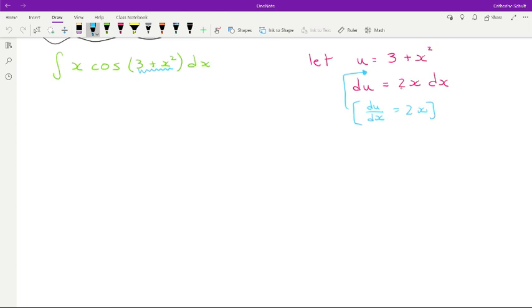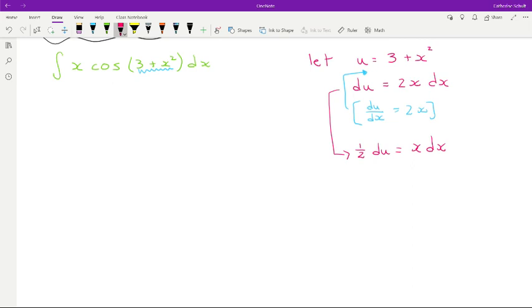And right now we have 2x dx. So our expression, our integrand, is actually x dx. So what can we do to get x dx all by itself? We can divide by 2.